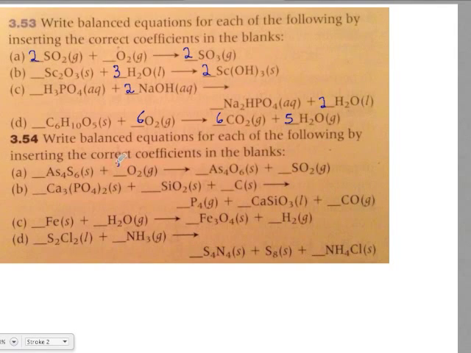You'll need 9 oxygen here and 6 sulfur dioxide. You will need 2 calcium phosphate, 6 silicon dioxide, 10 carbon, just 1, 6, and 10. 3 iron, 4 water, and 4 hydrogen.